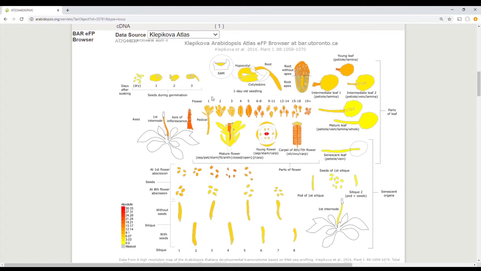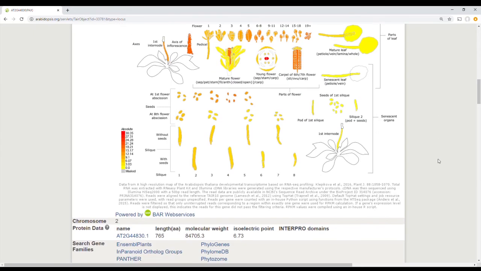This gene ultimately is not expressed at a very high level, and all of this data is transcription data. If you look at the young flower or the mature flower, you have a little bit of expression that's a little bit higher than in other locations, but ultimately this is not expressed at a very high level.